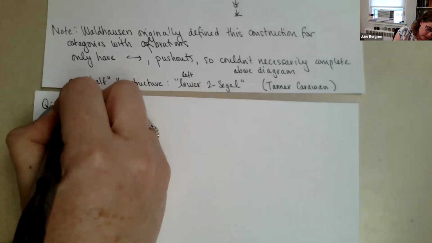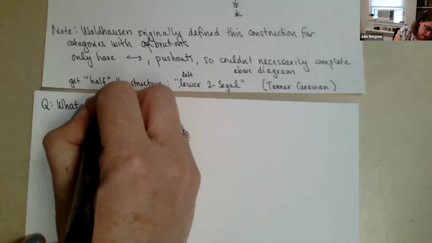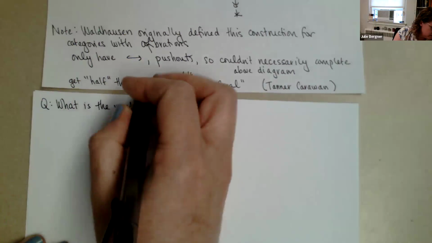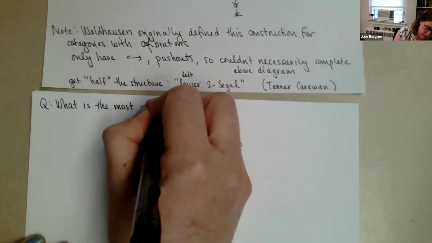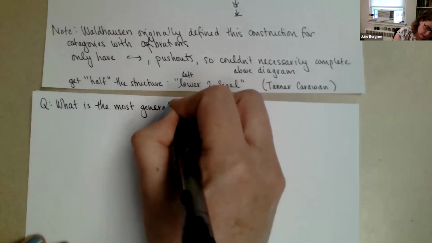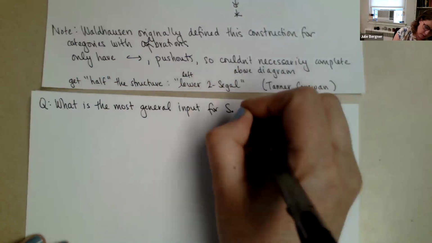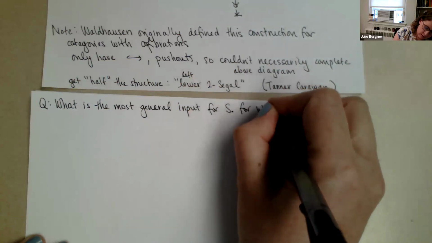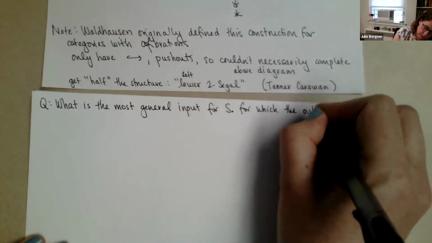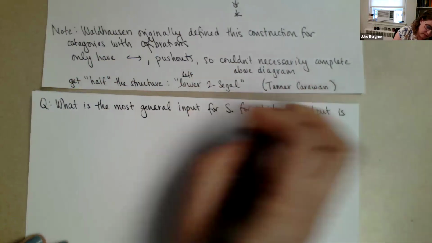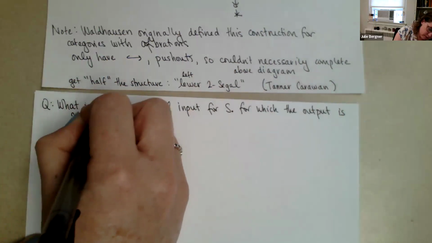So what is the most general input for S dot for which the output is in fact 2-Segal?